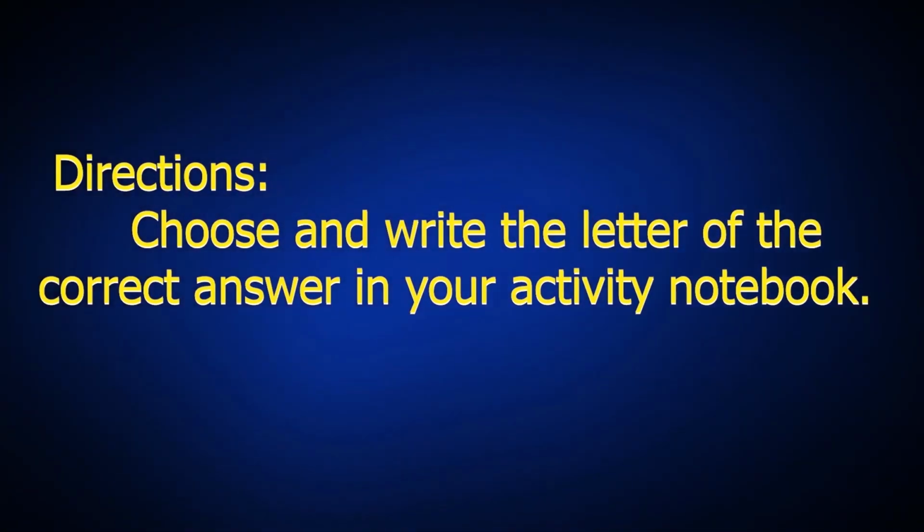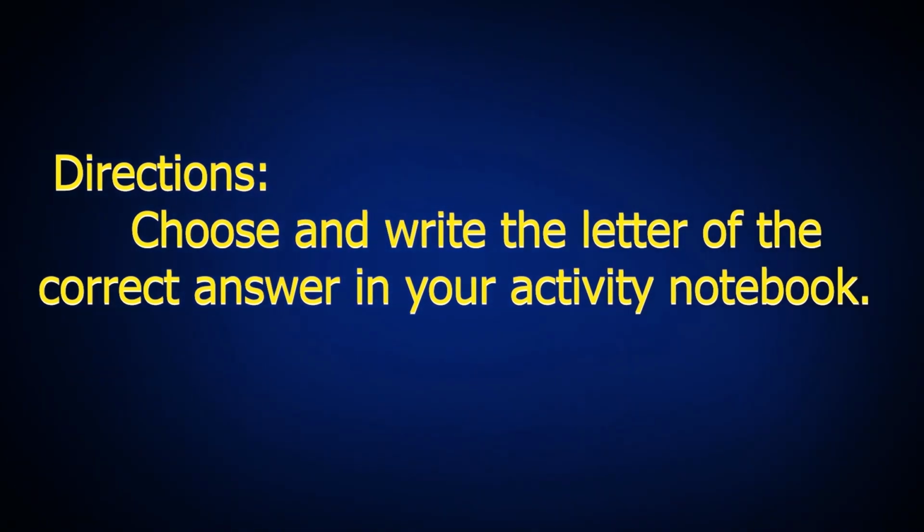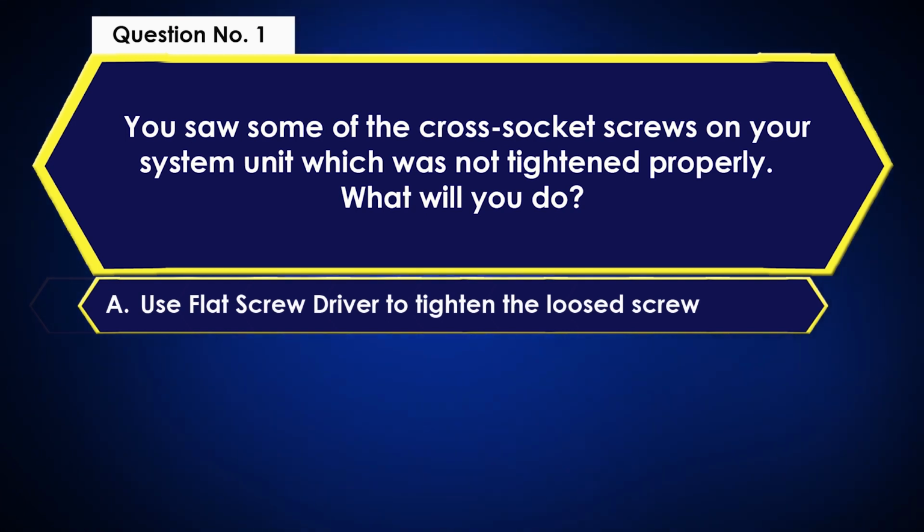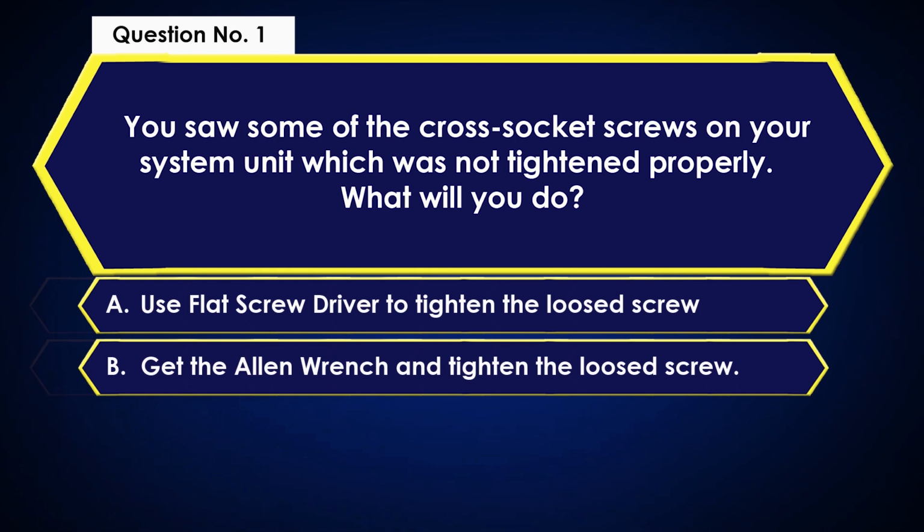Directions. Choose and write the letter of the correct answer in your activity notebook. Question number 1. You saw some of the cross-socket screws on your system unit which were not tightened properly. What will you do? A. Use a flat screwdriver to tighten the loose screw. B. Get the Allen wrench and tighten the loose screw.